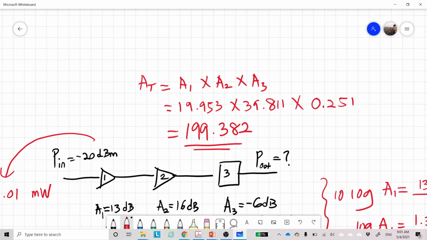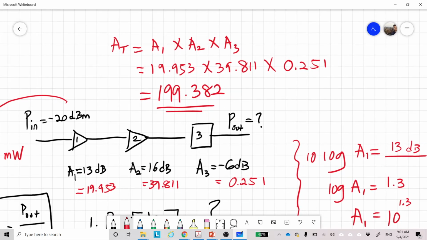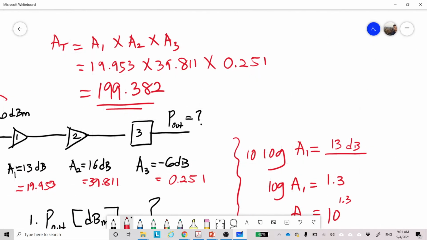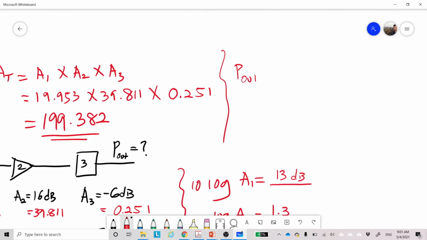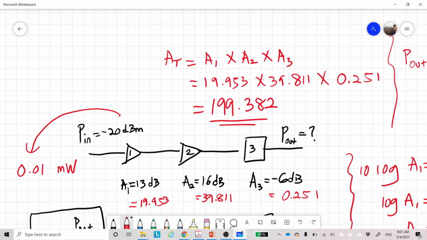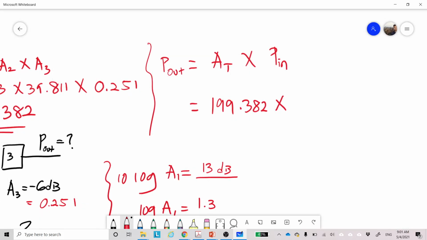And then how much is the output power? So P out is equal to A total multiplied with P in. So this one is 199.382 multiplied with 0.01 milliwatt.